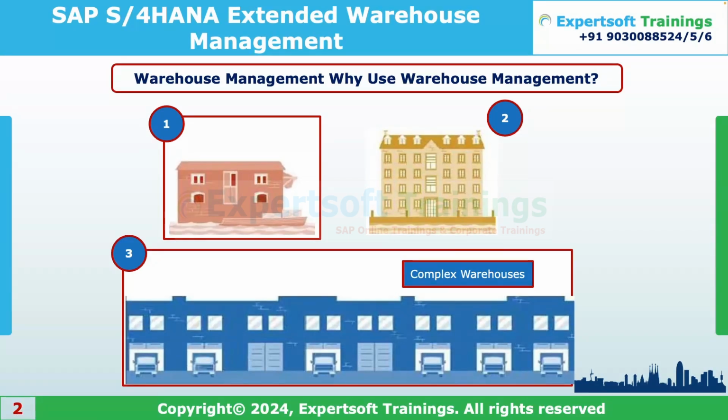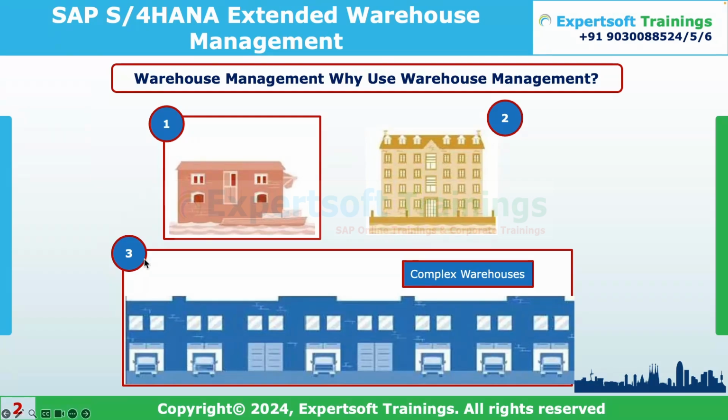It's a very small warehouse facility with very limited space, and the volume of goods coming in and going out is on a very low scale. The second warehouse is comparatively big. The volume of goods coming in and going out is much higher, but still you are going to use this as a basic warehouse facility. There is not much complexity in this warehouse.